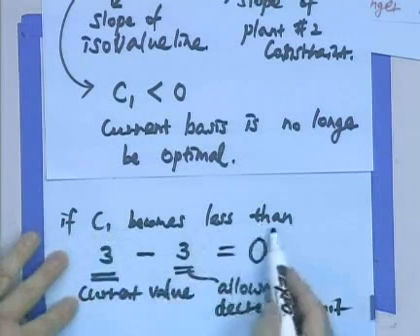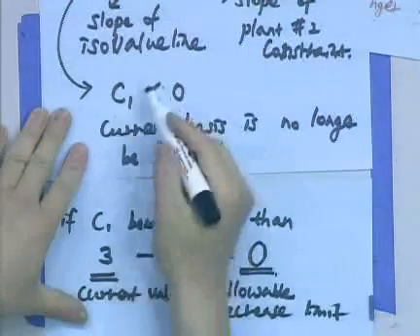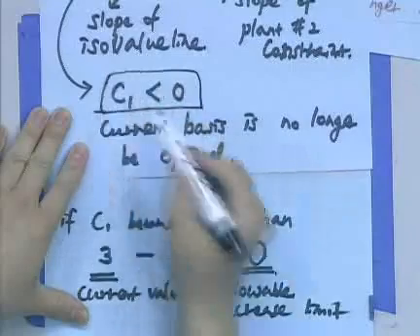If C1 becomes less than 0, then the current basis will no longer be optimal. And we've already known this too from up here, right?